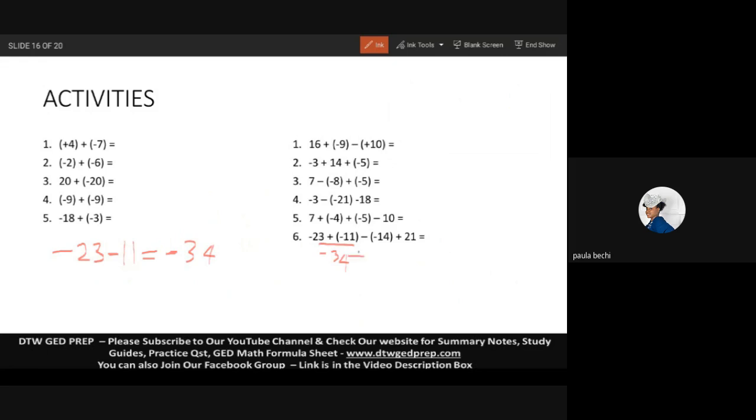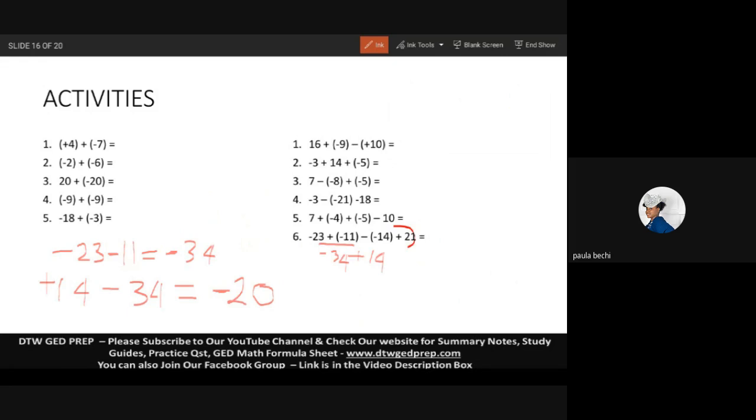Minus -14 means +14. So we have -34 plus 14. You can write that as +14 minus 34. Since 34 is bigger, we will have a negative sign, and then you subtract the digits, you have -20.